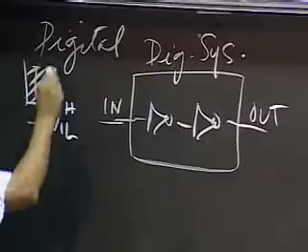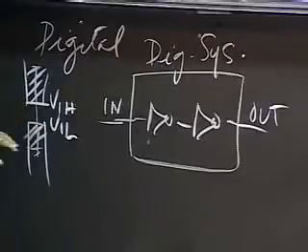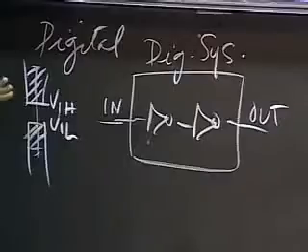Okay, and we said that this circuit must recognize signals that are higher than VIH, 3 volts, for example, as a 1. And simultaneously, any signal that has a voltage level less than VIL, say 2 volts, should be recognized as a 0. Okay, that was the input constraint.